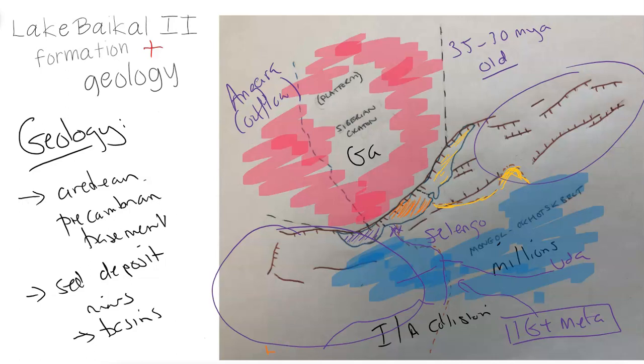And you've got the fold mountains and a lot of metamorphic and igneous rock in these mountain belts, and also in the Siberian Craton, which makes it so strong. So this area of weakness is fascinating in terms of the lake, its depth, its history, and the controversy on how it's formed.